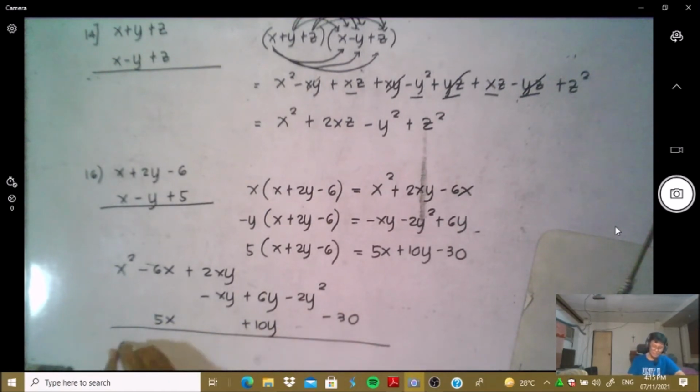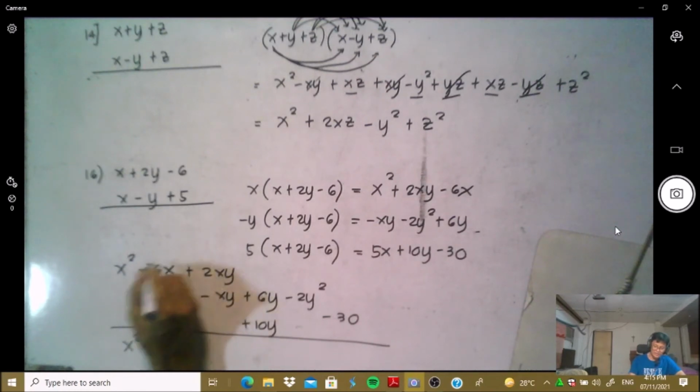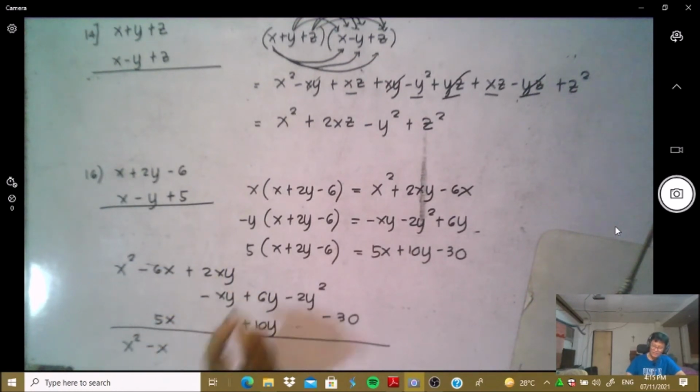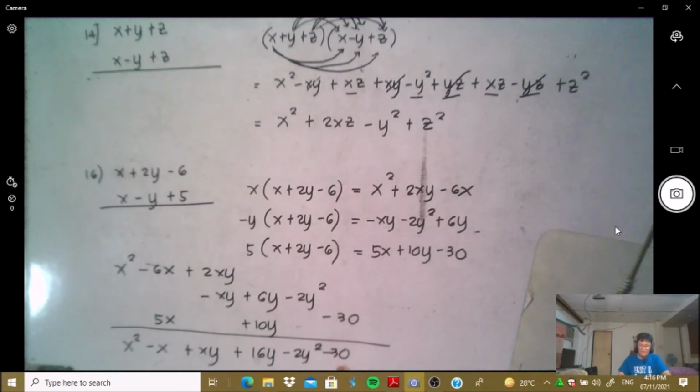Just bring down x squared. Then we have negative 6x plus 5x is negative x. Then 2xy minus xy is equal to plus xy. Then plus 6y plus 10y is equal to 16y, minus 2y squared, minus 30. So let's check our answer.